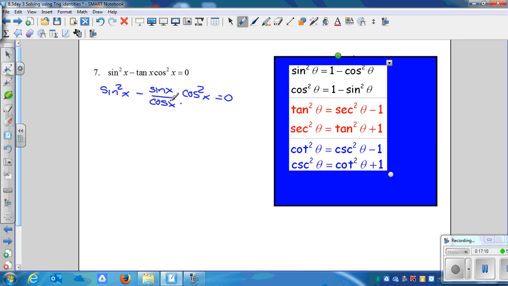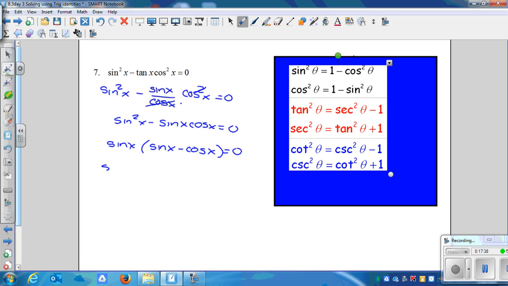And over here I can cancel this cosine x with one of the cosine x's here. So I have sine squared x minus sine x cosine x equals 0. I have two terms here. The greatest common factor is sine x, so I'm going to factor out a sine x. And within parentheses, I'll be left with sine x minus cosine x equals 0.